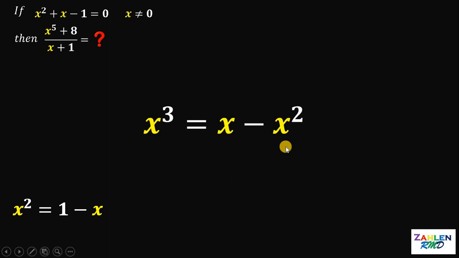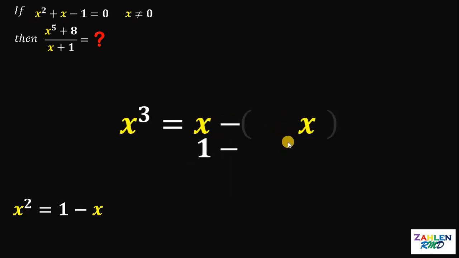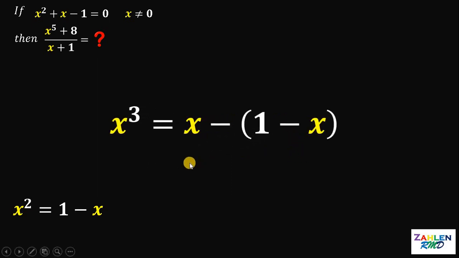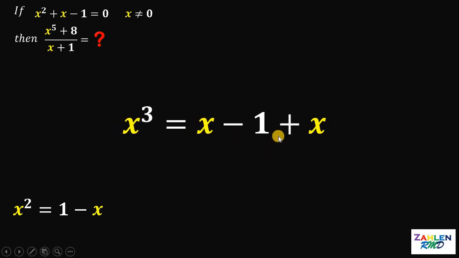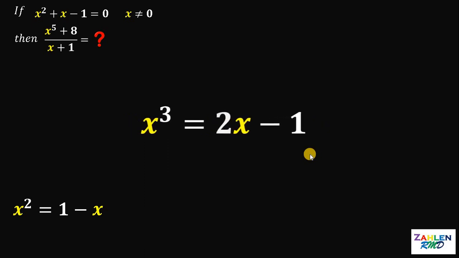So, we can substitute the value of x squared with 1 minus x. Let's simplify. The right-hand side becomes x minus 1 plus x. Now, x plus x will give us 2x. Therefore, we have a value for x cubed, which is equivalent to 2x minus 1. Now, let's set aside this result.